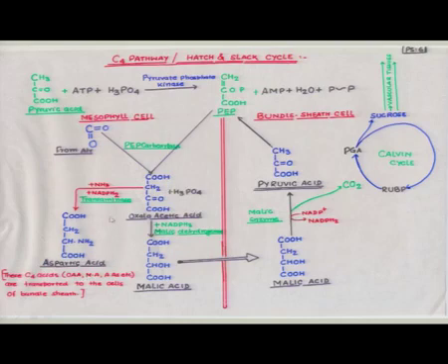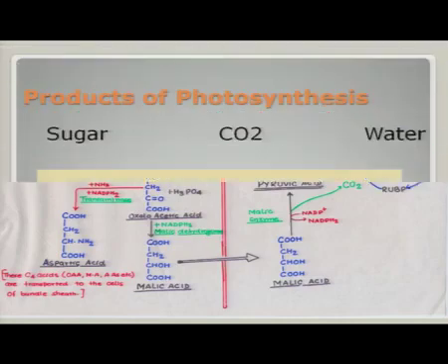This oxaloacetic acid and malic acid and other acid is transported to the bundle sheath cell. Malic acid is converted into pyruvic acid, and CO2 is formed. It is accepted by RuBP and PGA is formed, and sucrose is formed, and pyruvic acid again forms PEP for the next reaction of carbon dioxide fixation in C4 cycle. So, this cycle is C4 cycle or Hatch and Slack cycle.